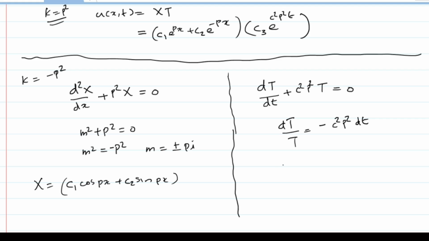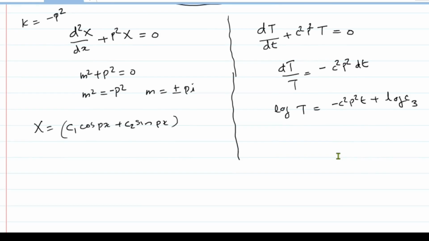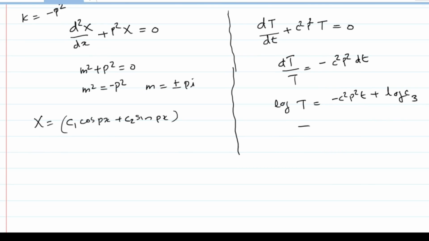So upon integrating, we get log T is equal to minus c square p square t plus again log c3. Therefore T is equal to c3 e raised to minus c square p square t.